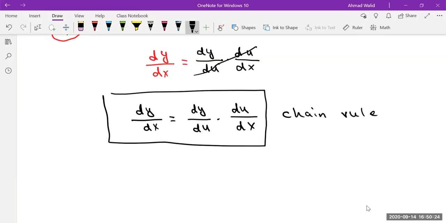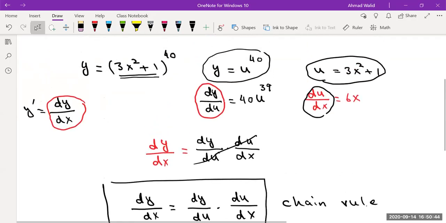Why did I do it in an example? Because in your book, they use the notation of composite functions. Maybe for some of you, if you read the book, it's really difficult to find it in general form to understand what is going on. Why du dx? Why dy du?